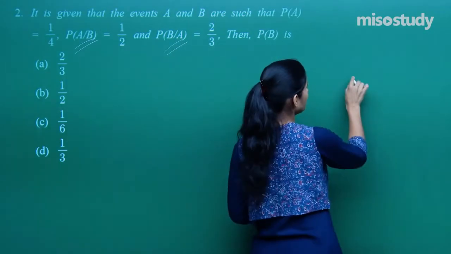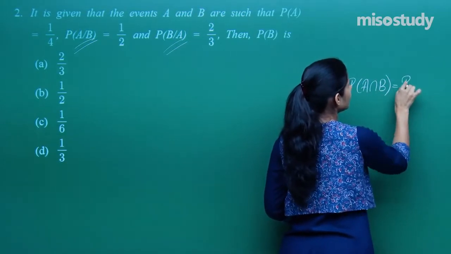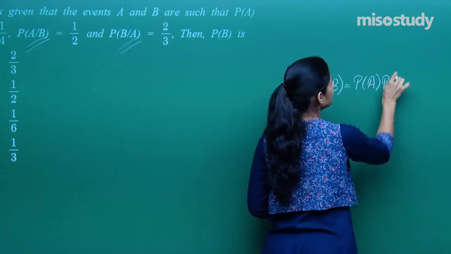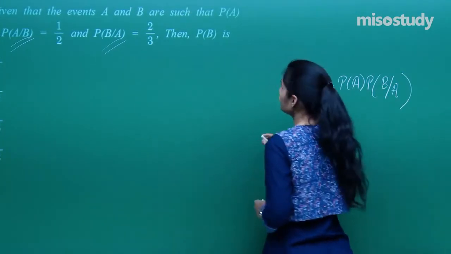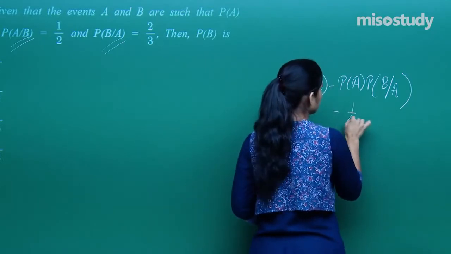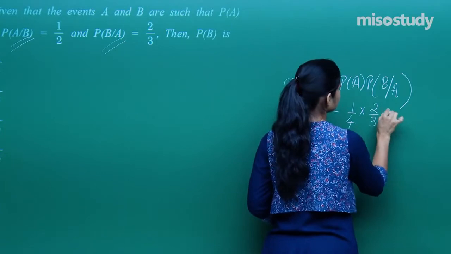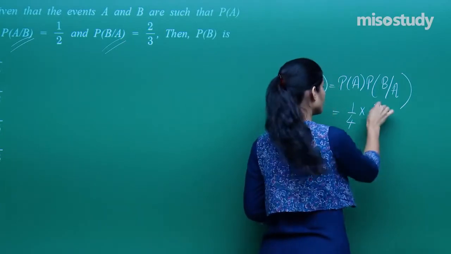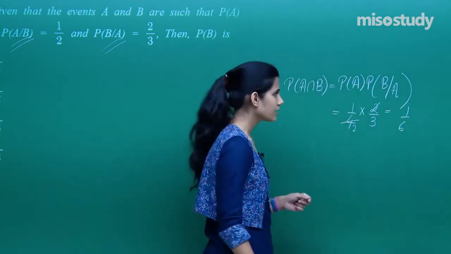If I talk about probability of A intersection B, just now we did, it is probability of A into probability of B by A. Probability of A is given as 1 by 4 and probability of B by A is given as 2 by 3. So you basically get 1 by 6 as the answer.